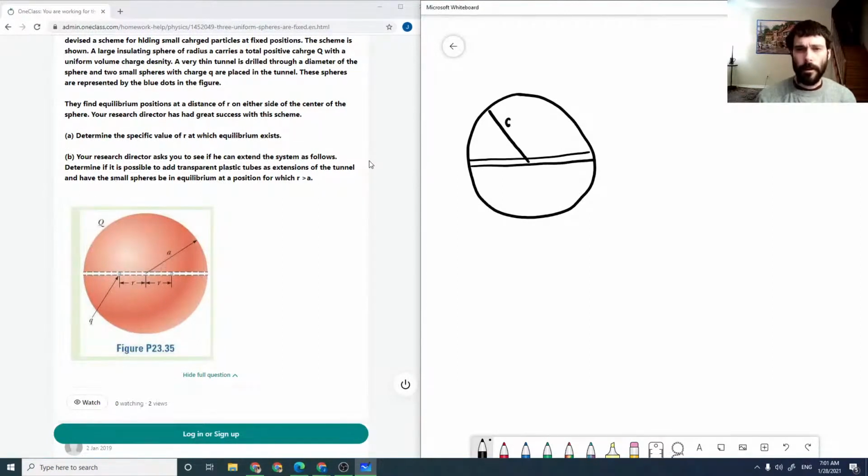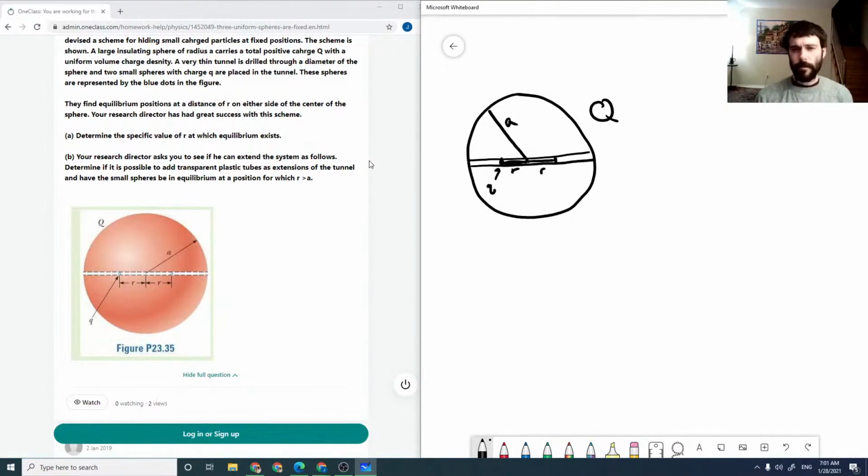Here are our two particles, which are trapped at a distance of r from the center. The particles each have a charge q, and the whole sphere has a charge Q.